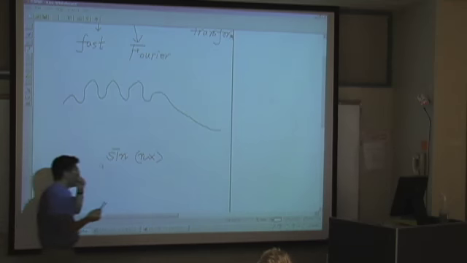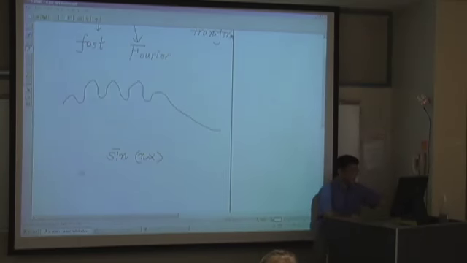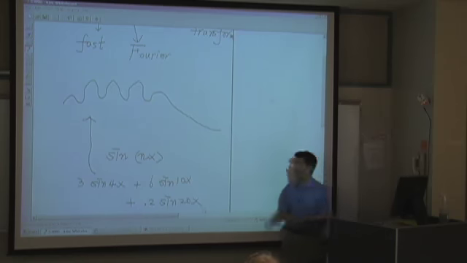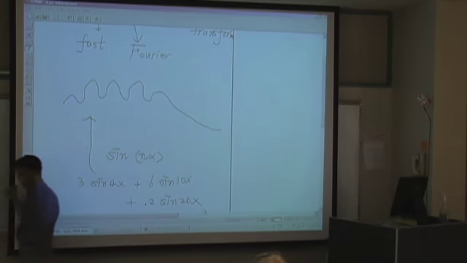In other words, the first part could be 3 times sine 4x plus 6 times sine 10x plus 0.2 times sine 20x. This could be written this way. So this is his belief.